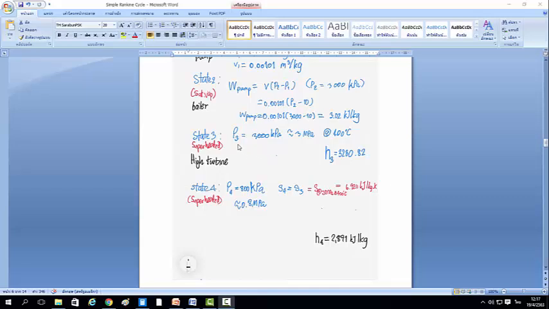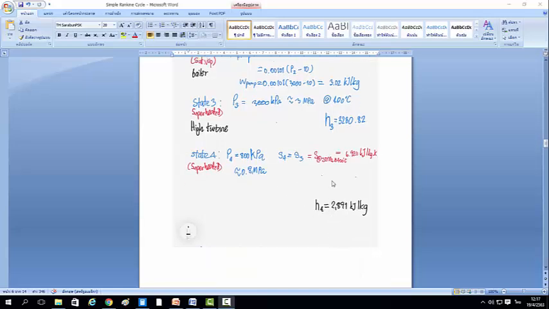So we can open the superheated table to see the enthalpy, and then you can get the value H3, and the same for S4, but state 3 and state 4 have different pressures. State 3 has 3 megapascal, but state 4 has 0.8 megapascal.